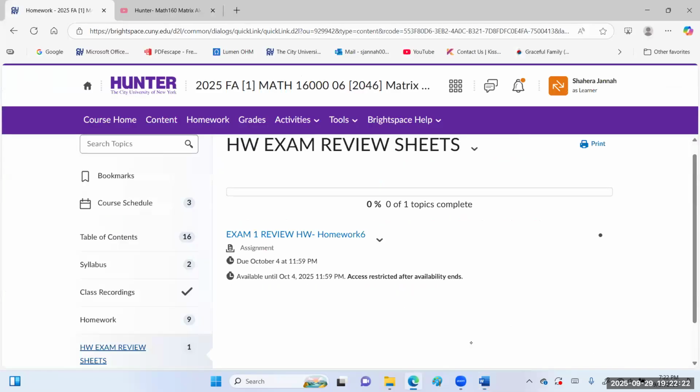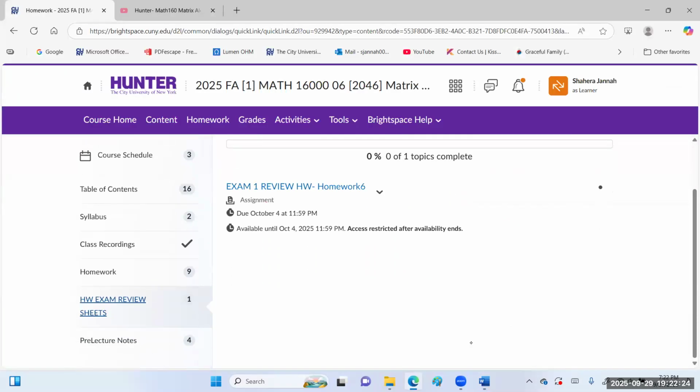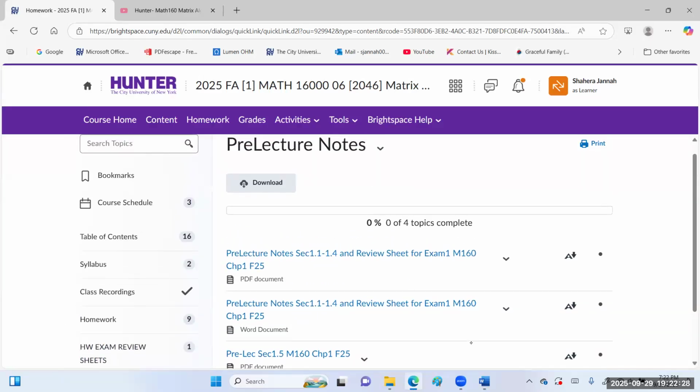If you haven't noticed that yet, I posted all the lecture notes under pre-lecture notes. The first one is from 1.1 to 1.4, and your exam will be based on that. If you want to read what we did in class, you can simply go over those notes. They don't have any solutions, okay? It's just pre-lecture notes without anything written on them.